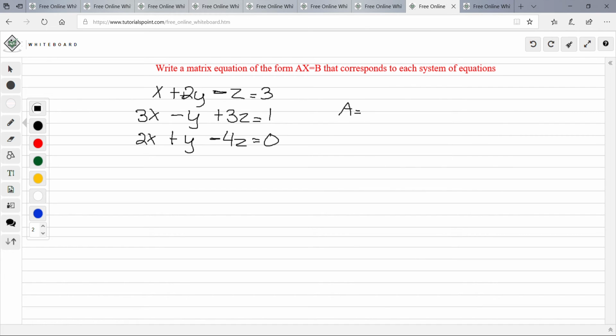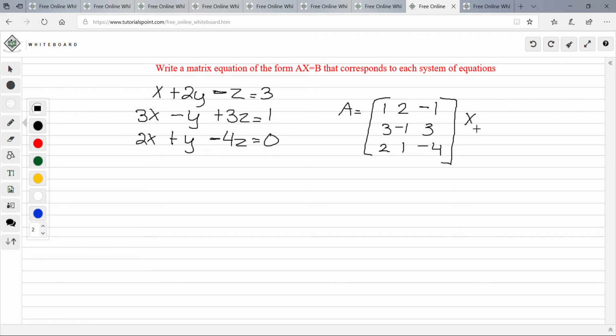Our A is basically the coefficients of x, y, and z. So it's going to be 1, 2, -1. How I got that, it's just the coefficients. This is going to be 3, -1, and +3, and this is going to be 2, 1, and -4. That is our matrix A.